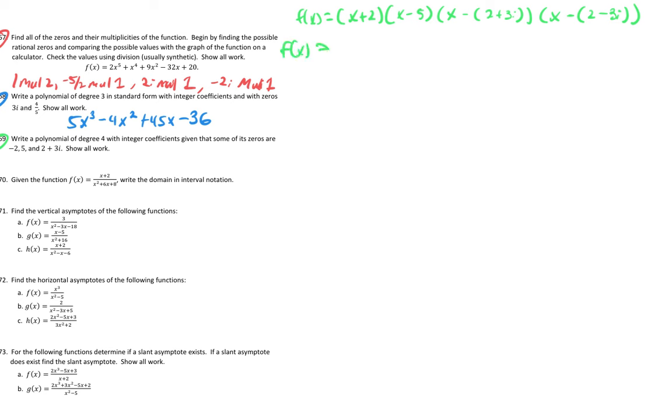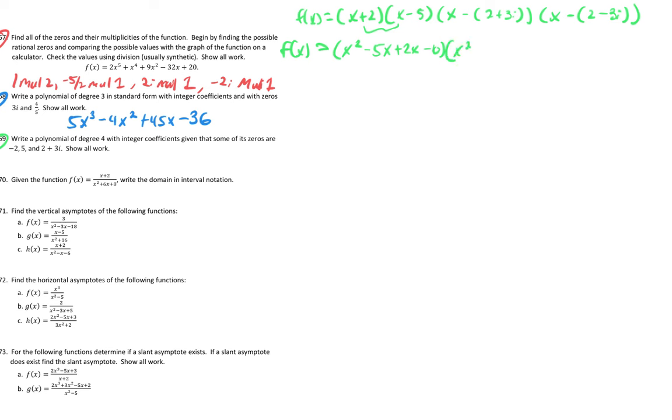Okay, and where we have 4, we can kind of do a few things at the same time. So I'm going to multiply these two together, which will be x squared minus 5x plus 2x minus 10, and then we're going to multiply these two together.